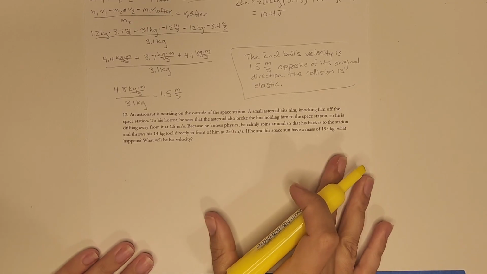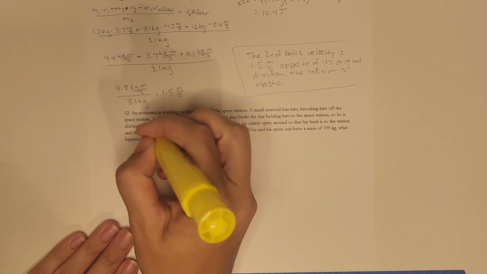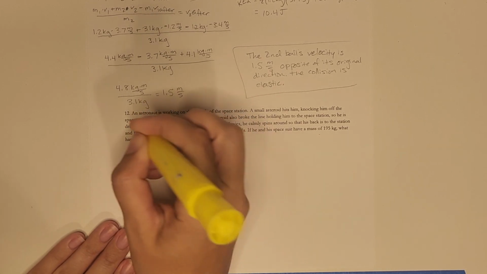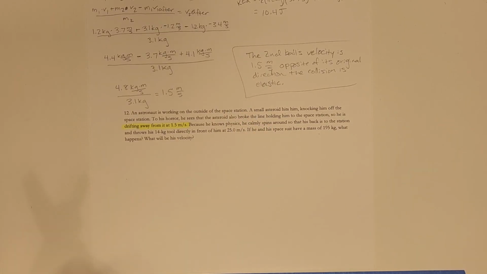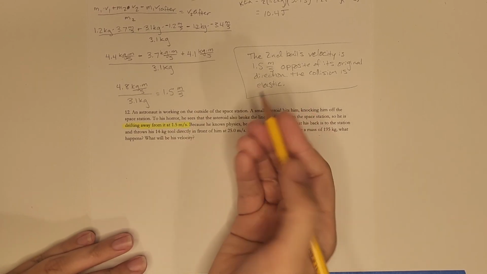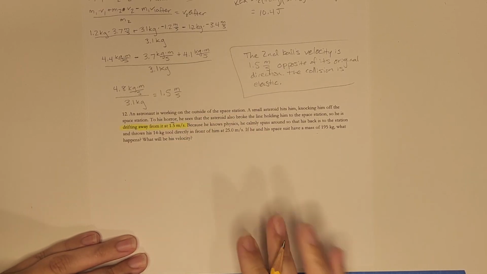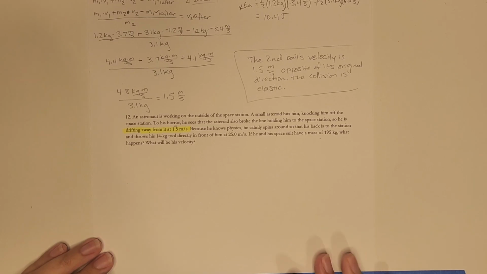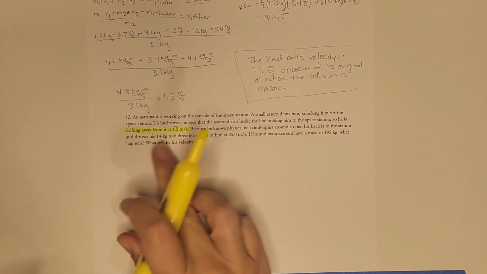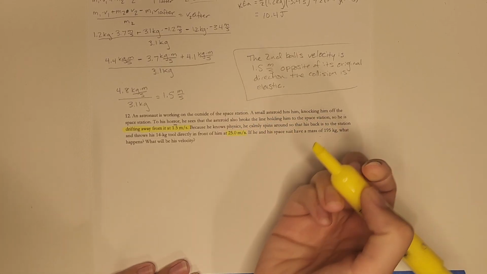So, looking at our vector quantities, he's drifting away from the space station at 1.5 meters per second. And because the space station is where he really wants to be, we're going to call this direction away from the space station negative. Then he throws this tool at a speed of 25 meters per second.